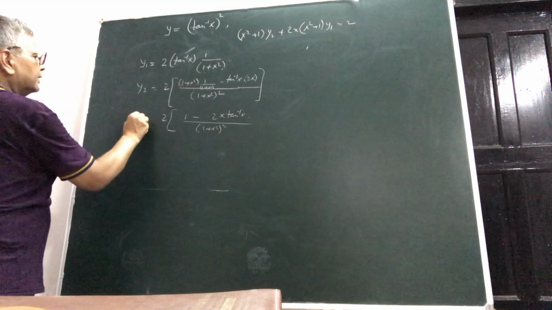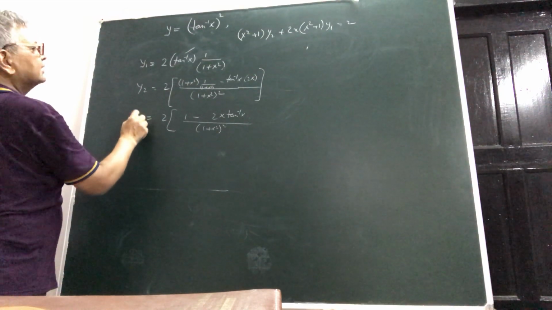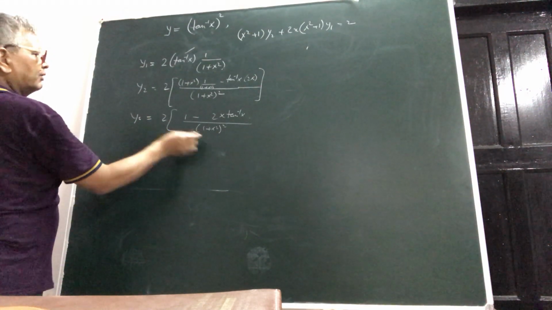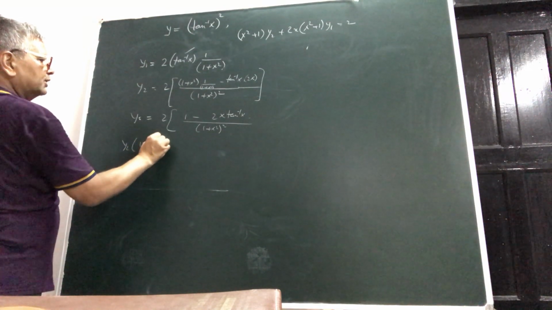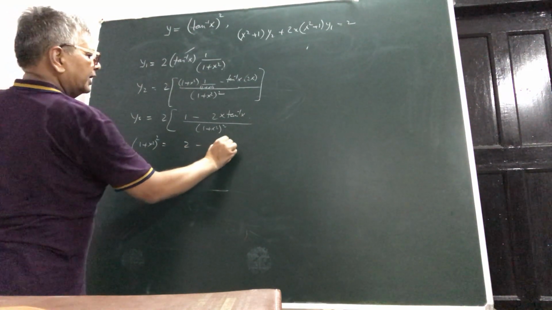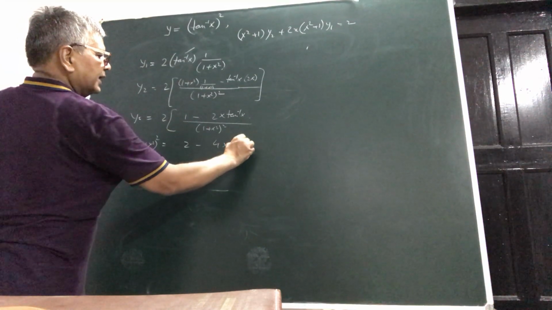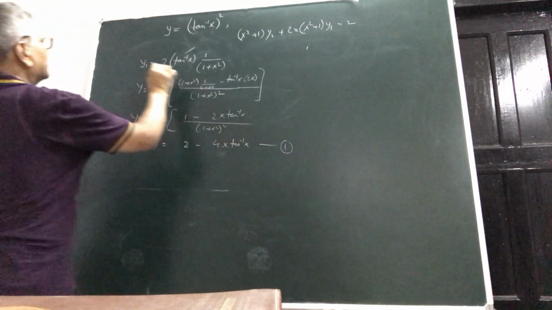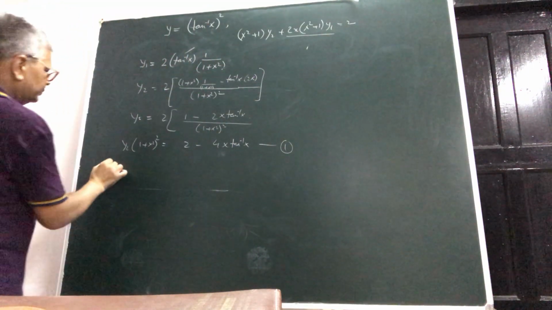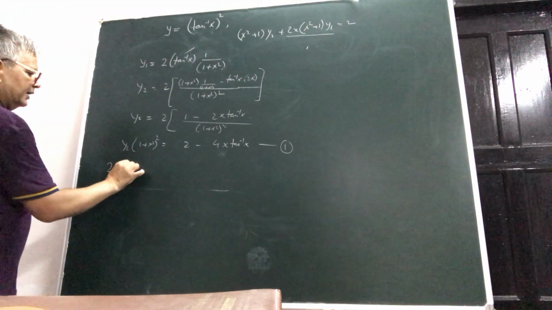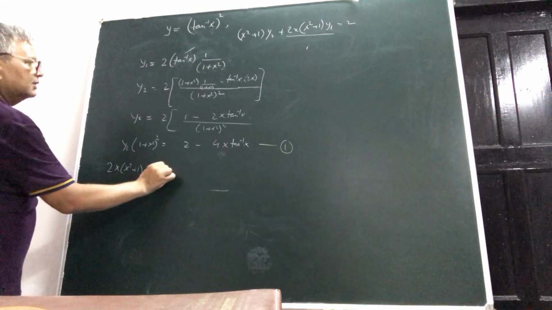Now we have done: y1 is this thing, y2 is this thing. So y2 into 1 plus x square whole square is what? 2 minus 4x tan inverse x. This is equation 1. Now you have to add how much? 2x times x square plus 1 times y1.